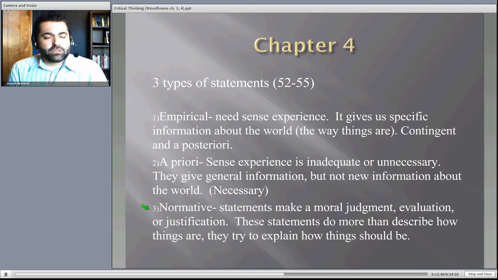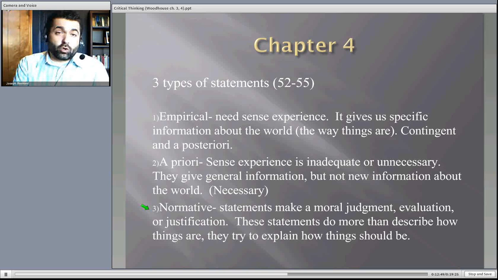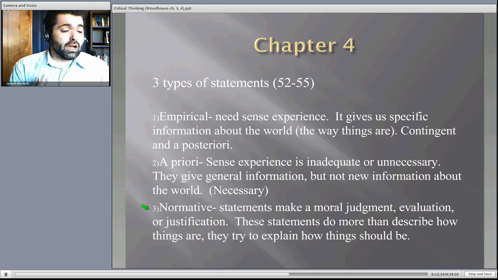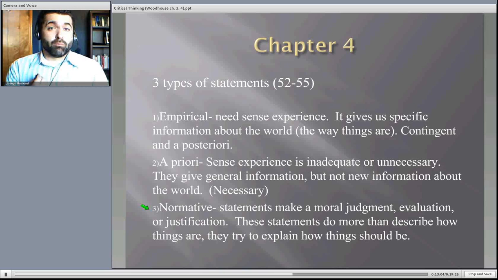Normative claims are not just telling you the way things are. Normative claims are telling you the way things should be, how things ought to be. Should and ought often occur in normative claims, right? Not always. Another way of thinking about it, normative claims make moral judgments, evaluations, justifications.